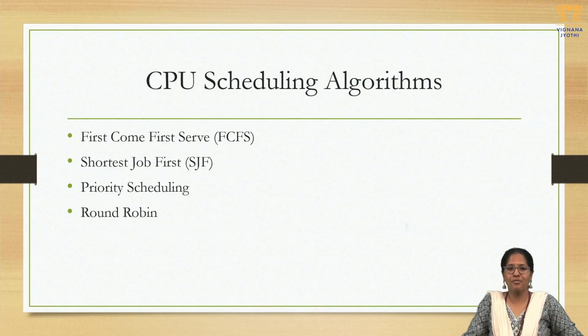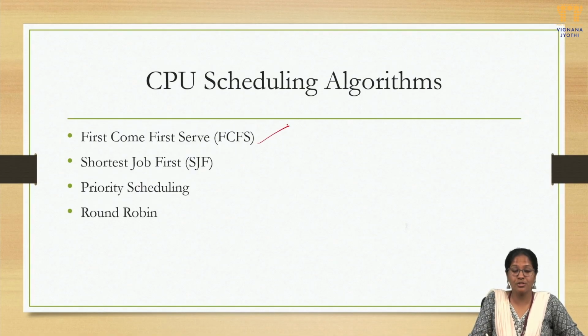These algorithms define the rules used by the CPU scheduler to decide which process should be allocated the CPU next. The most widely used CPU scheduling algorithms are first come first serve, also referred to as FCFS, shortest job first, referred to as SJF, priority scheduling, and round robin.